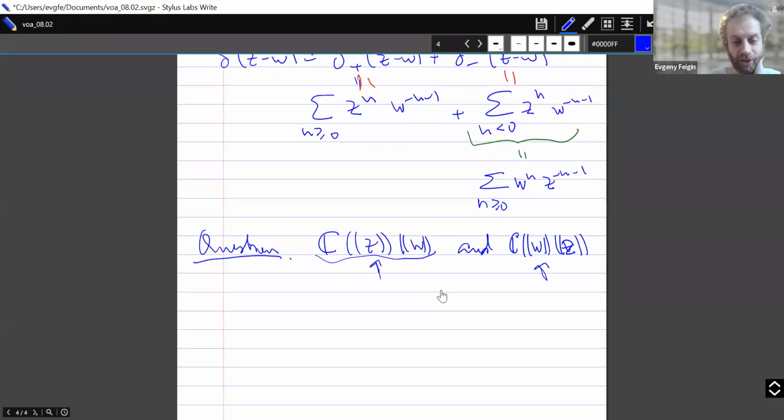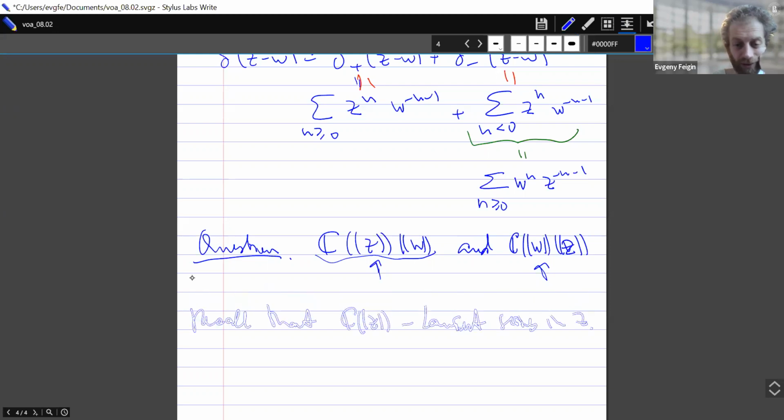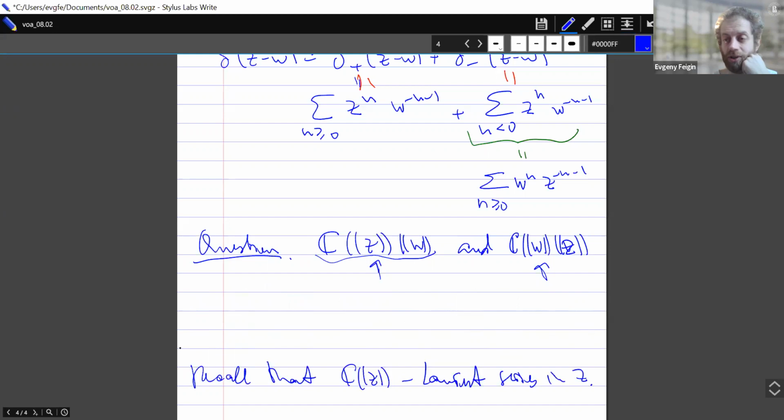So let me recall that, in Z. Usually they seem to be the same. Intuitively, they seem to be the same. But let's work out an example. So let me take delta plus.